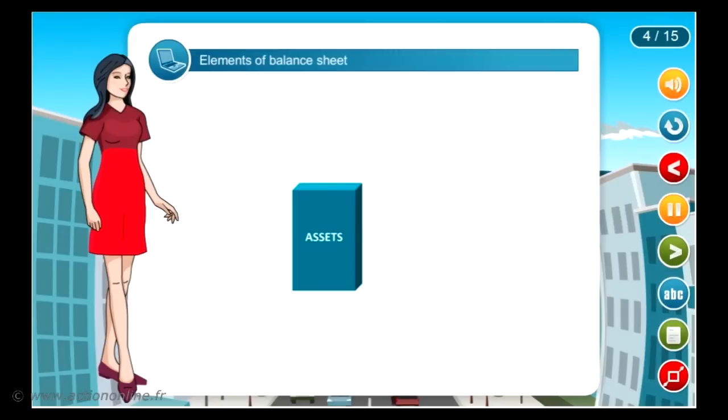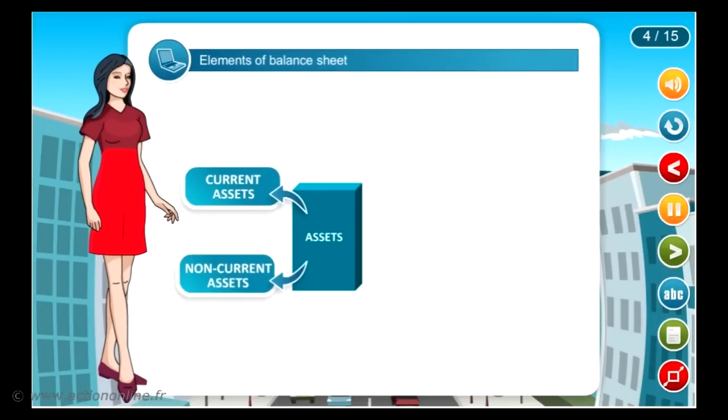Assets are the resources the entity controls and from which it expects to gain economic benefit in the future. Assets include non-current assets and current assets. Non-current assets are assets the company expects to use in its activities for a period exceeding 12 months.